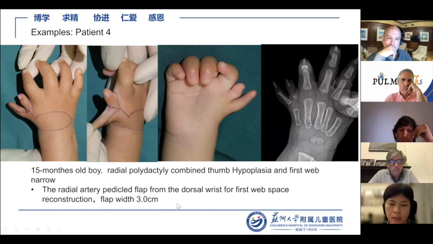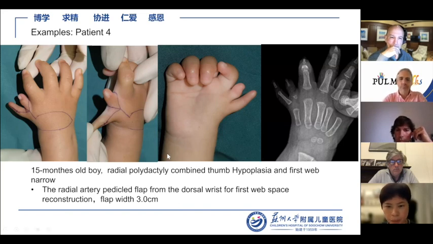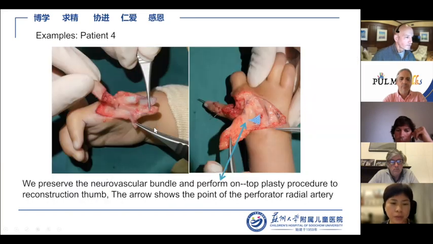The flap width is 3.0 centimeters. We preserve the neurovascular bundle and perform the opponensplasty procedure to reconstruct the thumb.